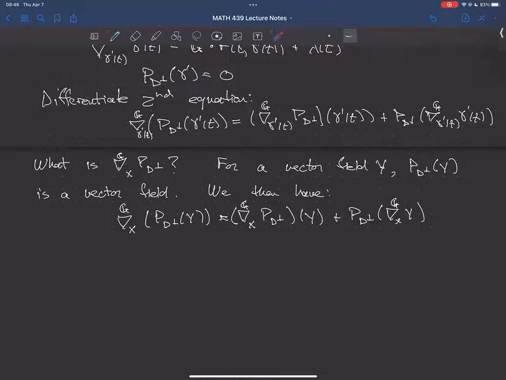And so what I do now is I know everything in this formula, right? This is the covariant derivative of a vector field with respect to a vector field, this is the covariant derivative of a vector field with respect to a vector field, and this is just projecting that into D perp. So I know what this is, and I know what this is, so I use that to define that. Okay.